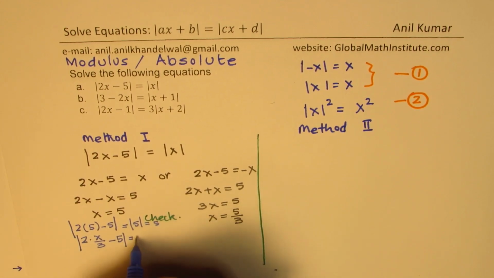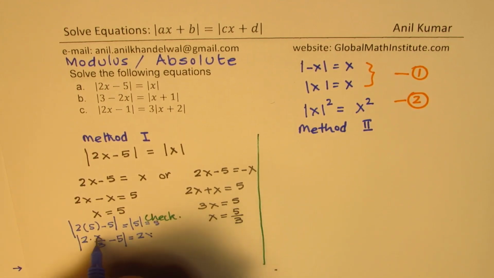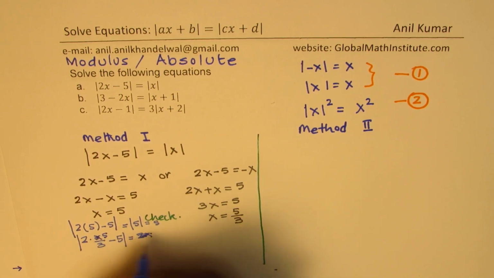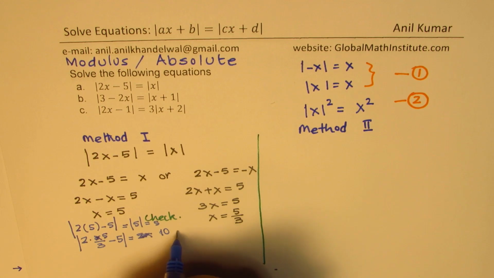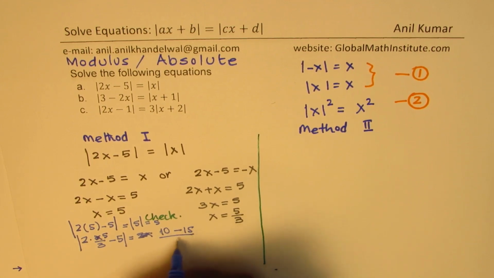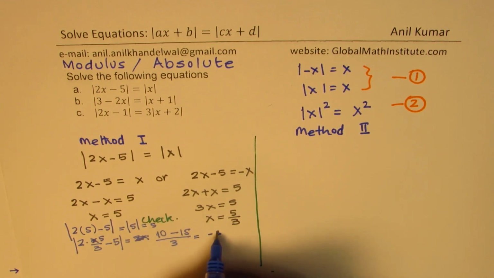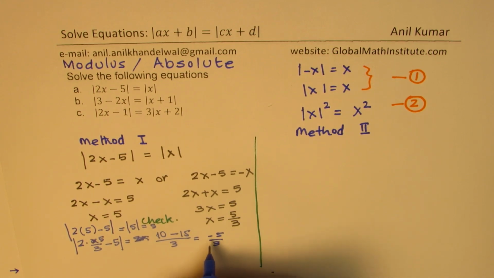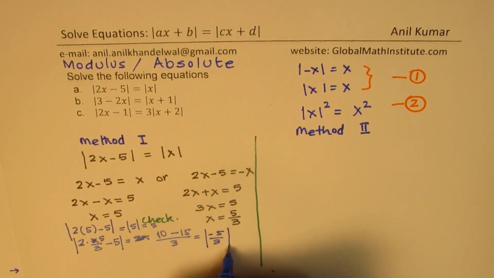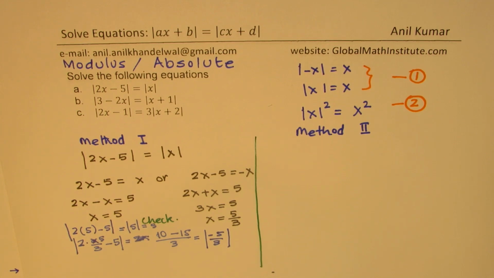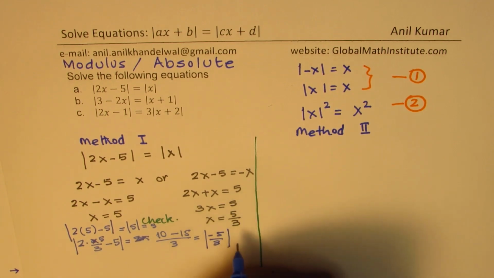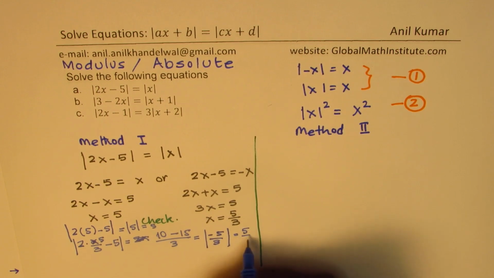So that gives you 2x, x is 5 over 3, right? So 10 over 3 minus 15 over 3, which is minus 5 over 3, which could be written as 5 over 3.